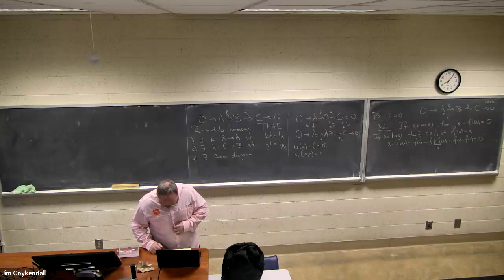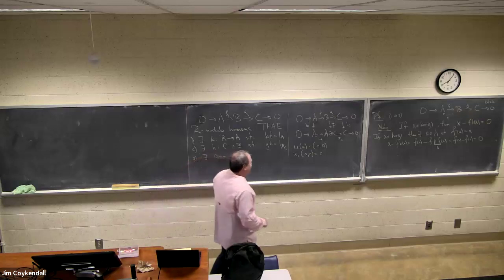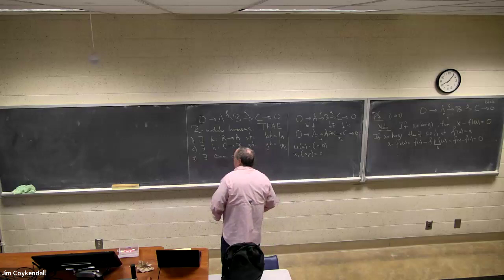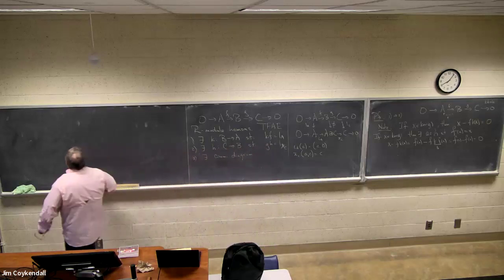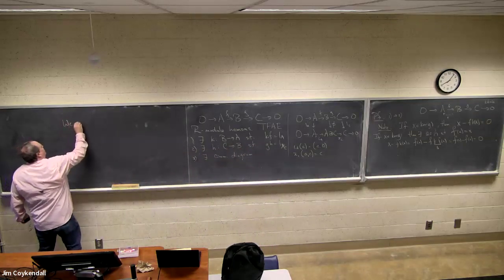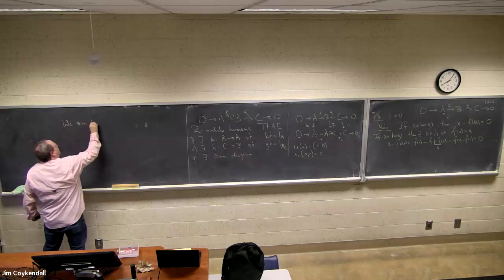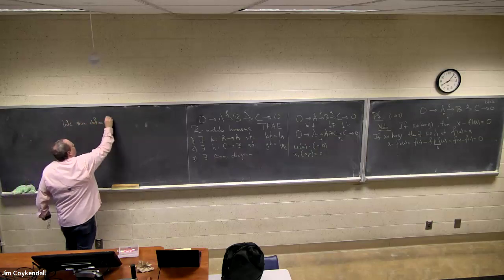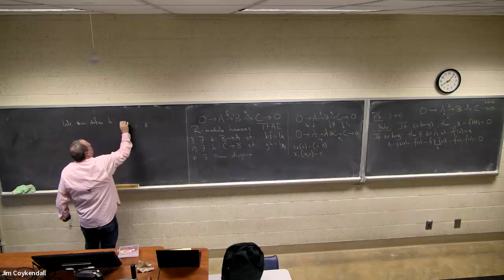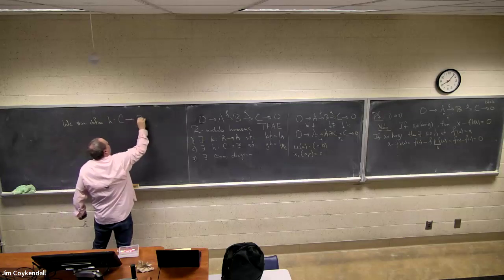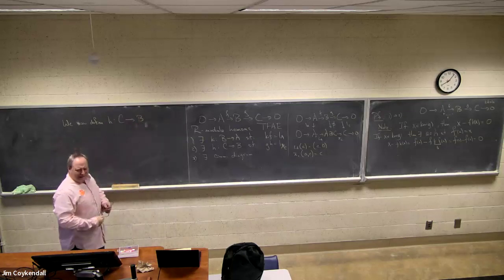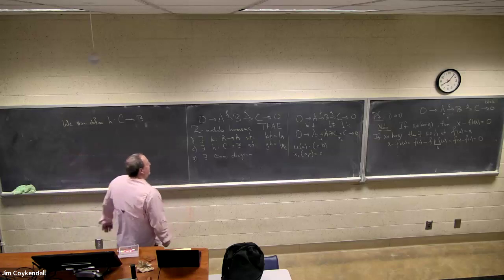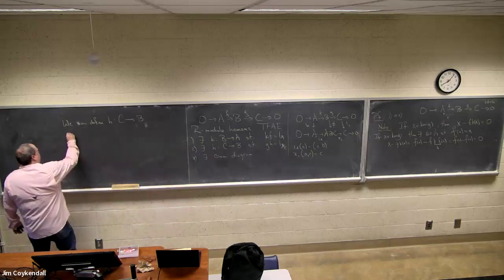So I want to define a map. So now let's get busy and do it. A from C. How are you supposed to do it?